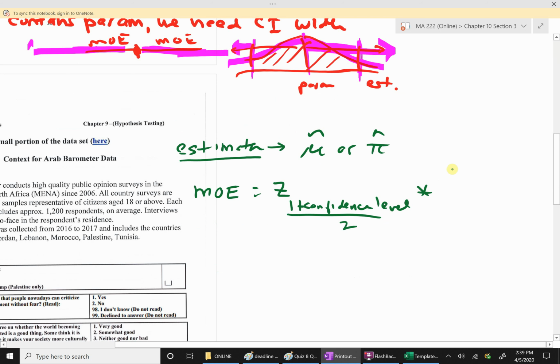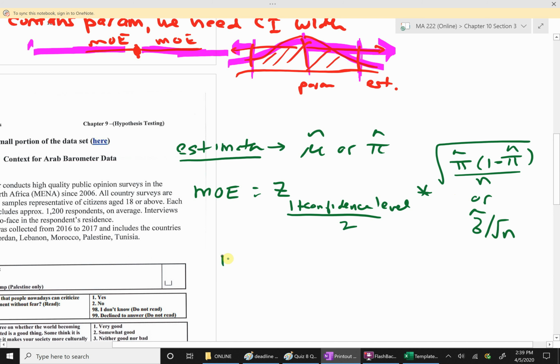So if we're looking at pi, this is going to be the square root of pi hat times (1 minus pi hat) divided by n. Or if we're looking for the population mean confidence interval, this will be sigma hat divided by the square root of n. So we see what we need for our input.